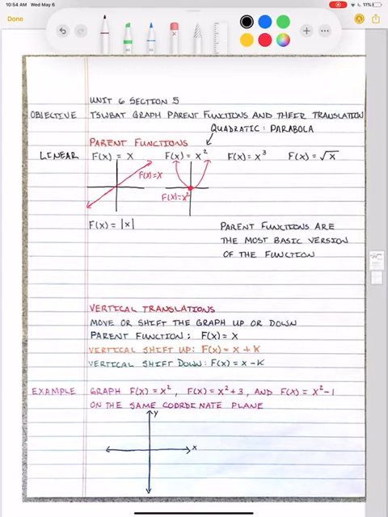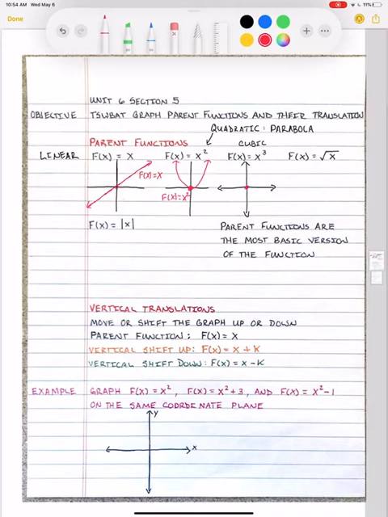The third function is f of x equals x cubed. This is a cubic function. Cubic functions kind of look like sideways z's. They give you a little zigzag pattern. Okay, f of x equals x cubed will always cross the origin. Okay, there's a theme here.